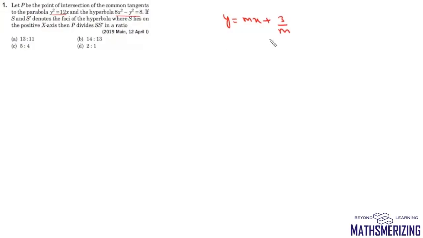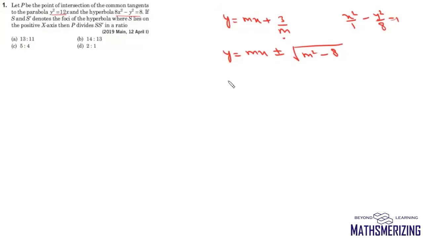And for this hyperbola, which is x square upon 1 minus y square upon 8 equals 1, the equation of tangent will be y equals mx plus minus under root of a square m square minus b square. Now both the lines represent the same tangent.